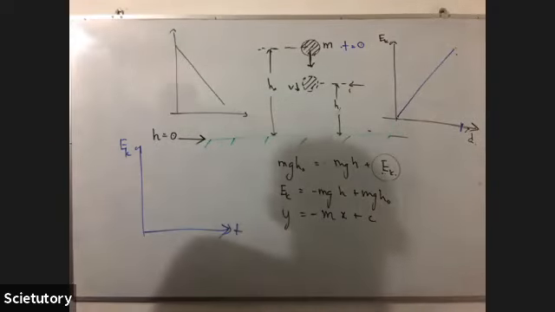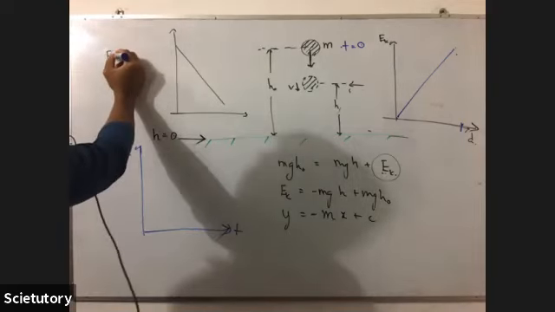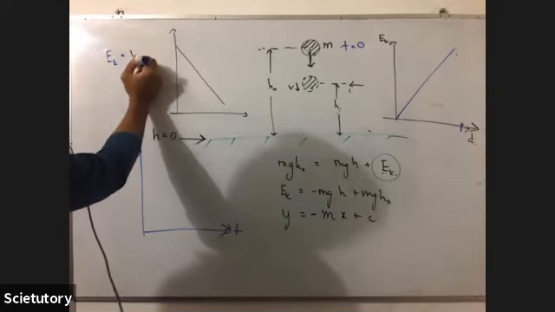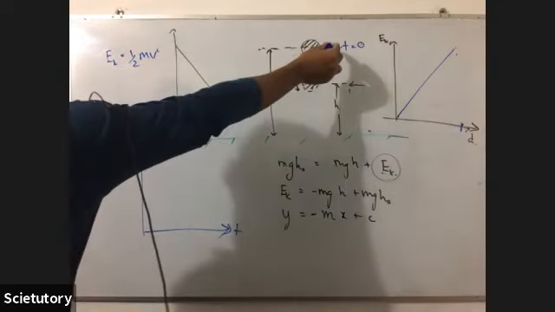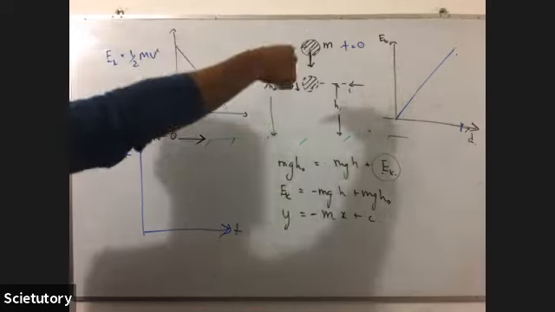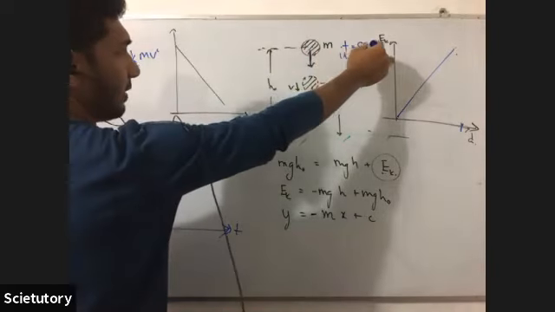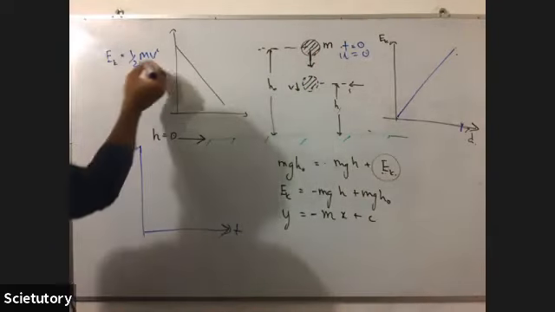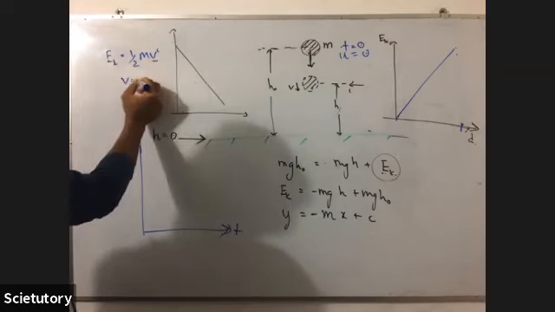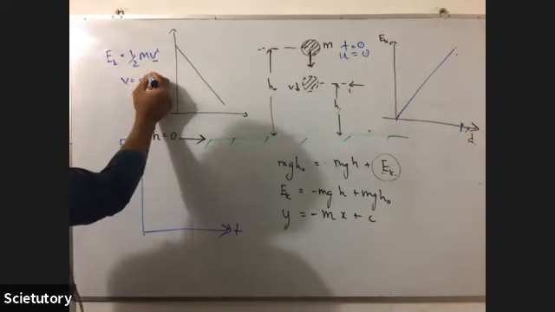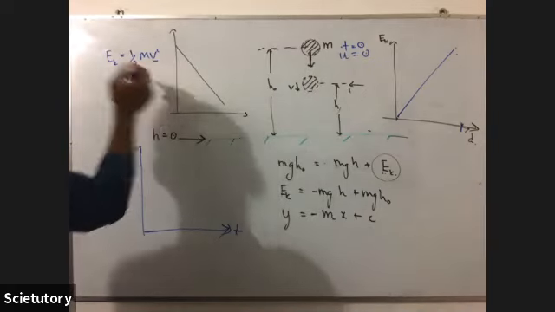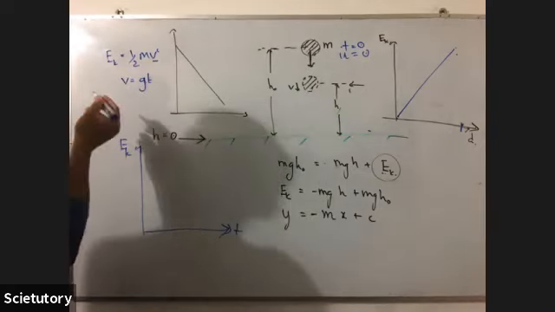So how are you going to relate the time with kinetic energy? You have the equation for kinetic energy. Ek is equal to half mv squared. And you know, here it starts from rest, so the initial velocity is 0. So for v, I can write it as u plus at. You know, v is equal to u plus at. u is 0, so at. a is g here, so gt.